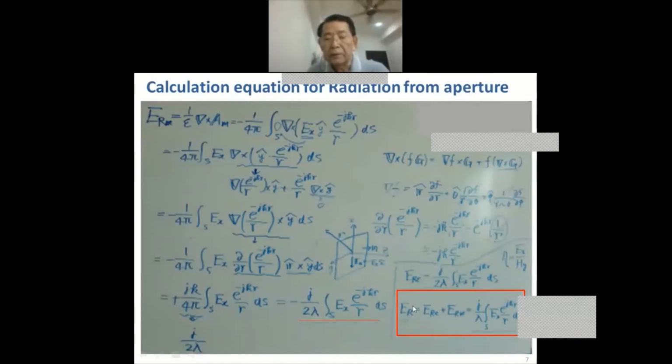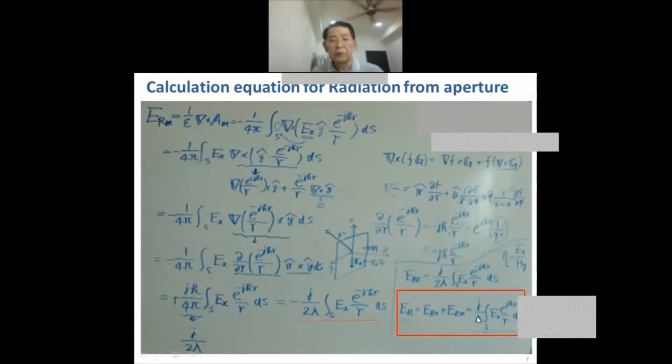So the radiated far field is the addition of the 2 fields. So both have 1/2. So adding 2 becomes j divided by lambda.